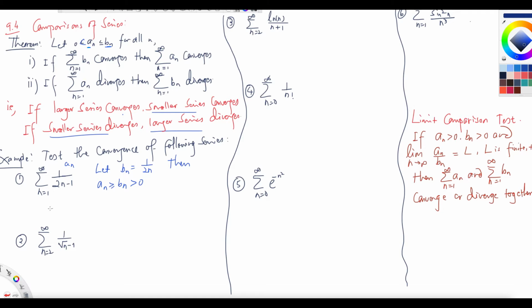Let me write down the summation from n equals 1 to infinity of 1 over 2n. This diverges, because you can write this as 1/2 times the summation from n equals 1 to infinity of 1 over n. In the p-series test, it has the form 1 over n to the p. If p is greater than 1, it converges. If p is less than or equal to 1, it diverges.